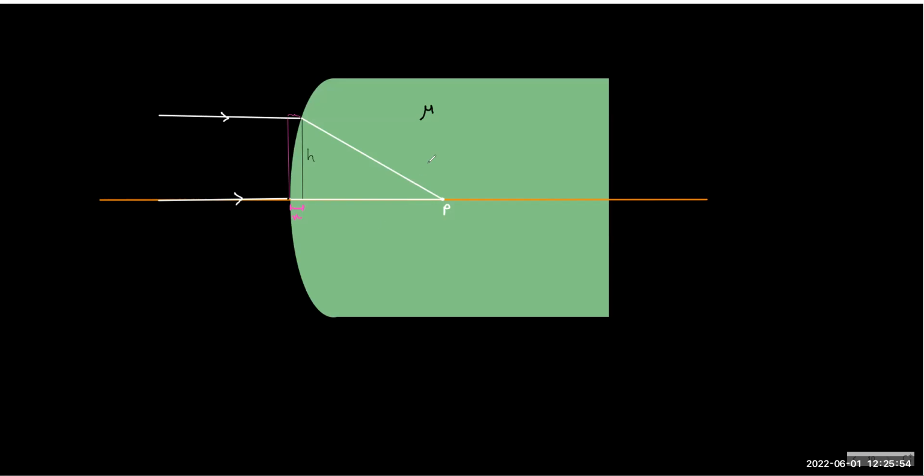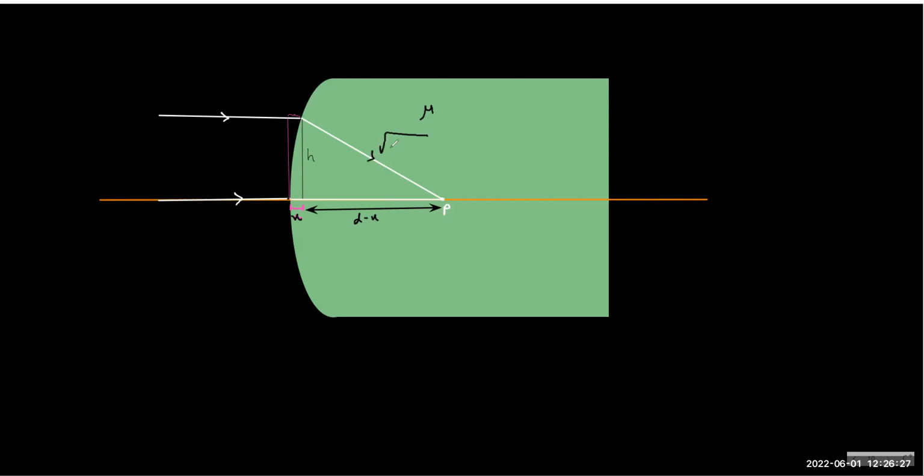So what I can say, if I call this as, let's call this as, from the interface, if I call the full as D, this will become D minus X. So I'm taking D from the interface till the point P. So this becomes how much?